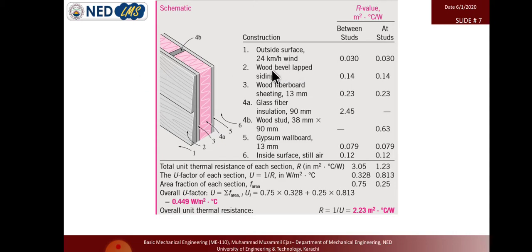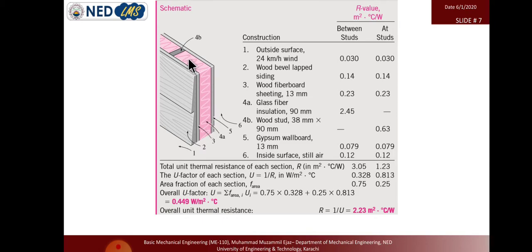The wood bevel lap siding. This is wood bevel lap siding. The resistance value will be due to the conduction. Then wood fiberboard, 13 mm. Again this is the resistance value due to the conduction. And then glass fiber, again due to the conduction. In some cases there will be a vacant space.